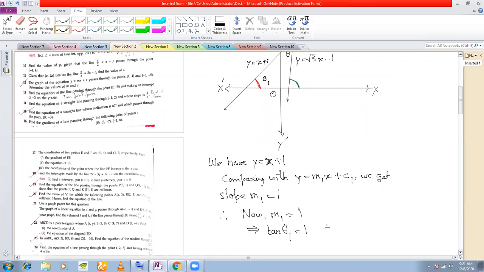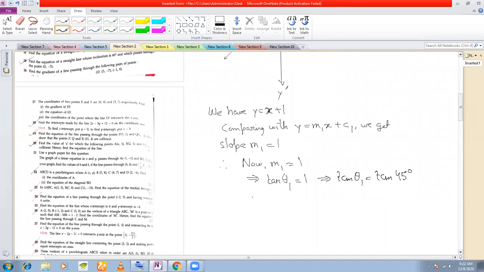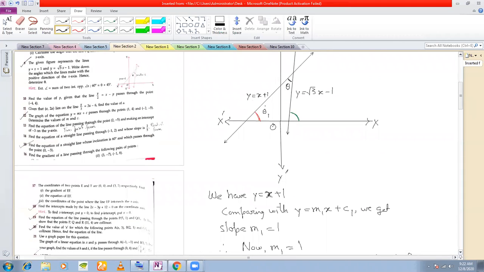That means tan theta 1 is equal to tan 45, so theta 1 is equal to 45 degrees. So this is the angle that the straight line makes with the positive direction of the x-axis. So this angle we have determined is equal to 45 degrees.